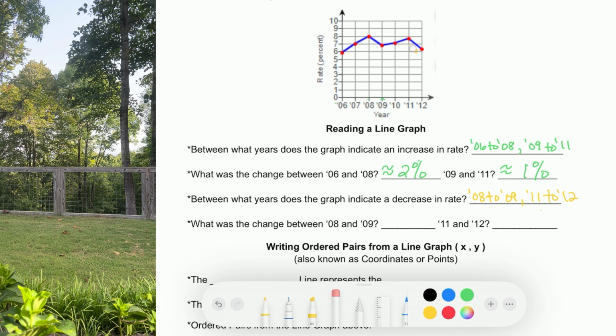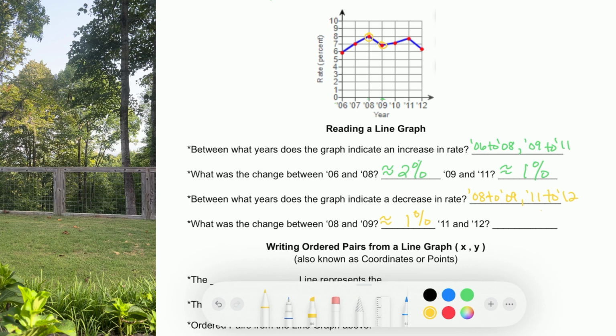Now we need to answer what was that change between 08 and 09? Well, it started at 8 here. And then it decreased to just below 7. So I'm going to say we had roughly a 1% decrease.